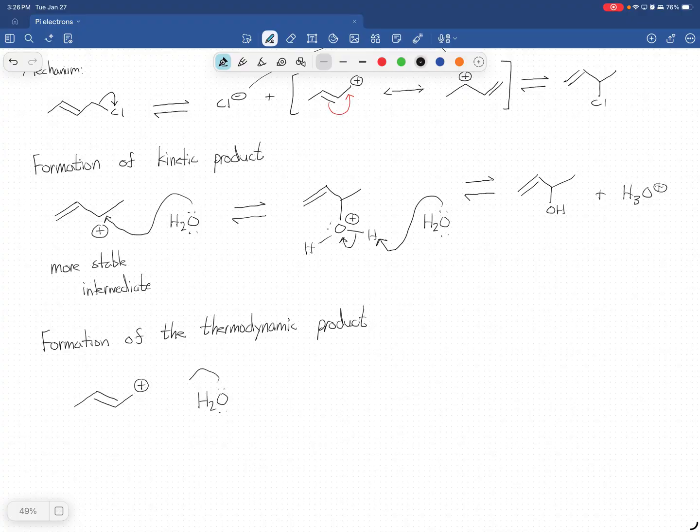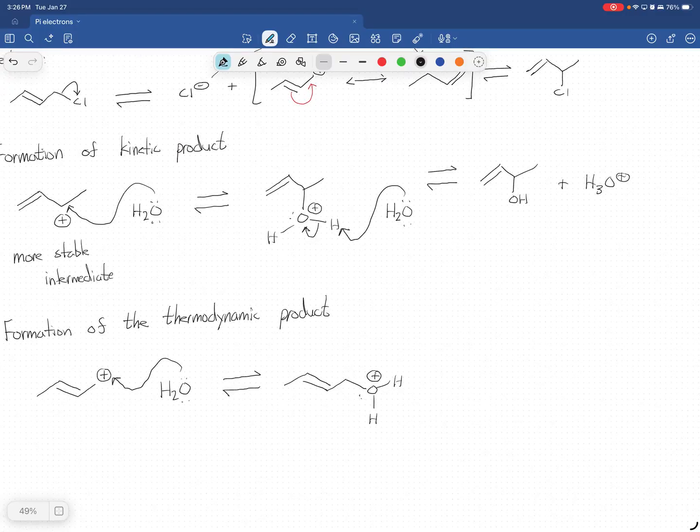All right, so same steps, just a different intermediate. Make sure we draw these steps here, okay? And then water forms right here. You're not done with the mechanism, so I recommend drawing out these electrons here.